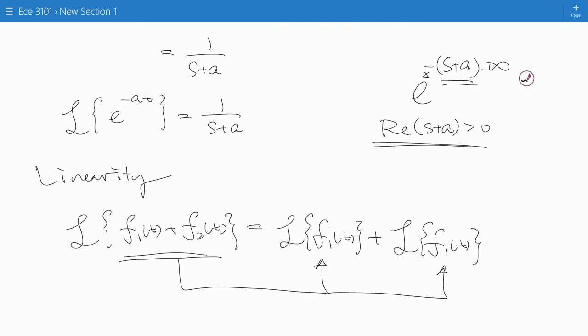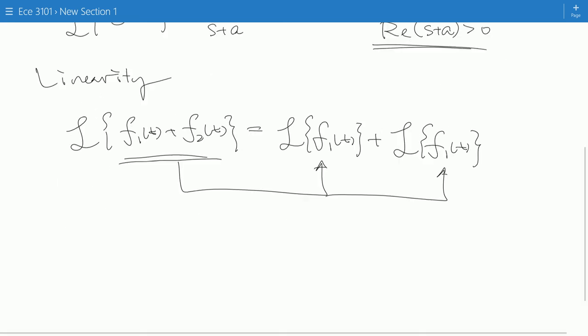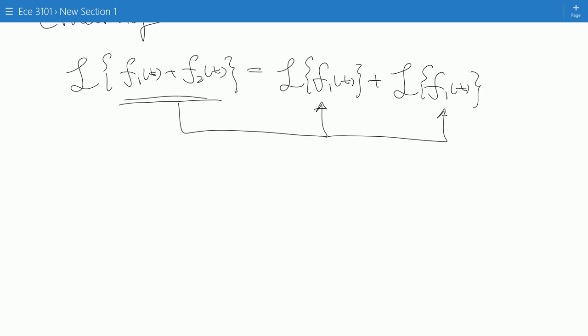Later on, we'll apply this to study the time response of the linear time invariant system, and we use this property extensively. Okay, now let's move on a little bit. In the Fourier transform, other important properties include time differentiation and time integration.